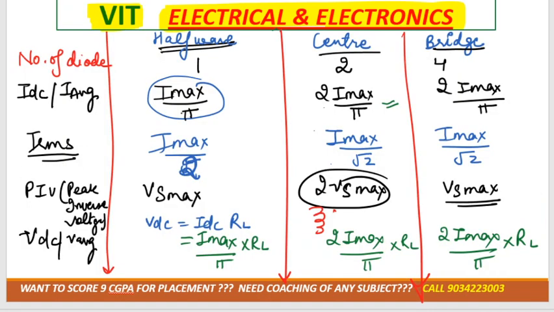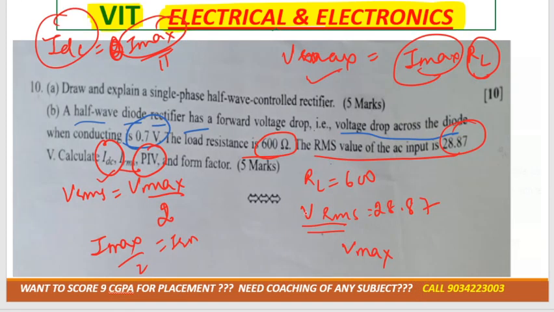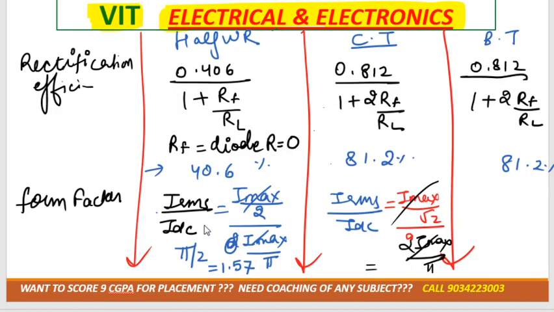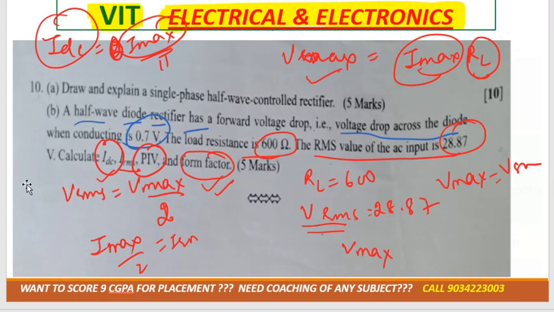PIV is peak inverse voltage, that is Vs maximum. Then they are asking the form factor. Form factor formula is IRMS by IDC. We already calculated IRMS and IDC, so we can get the form factor, right? So you will get these kinds of questions in your paper.